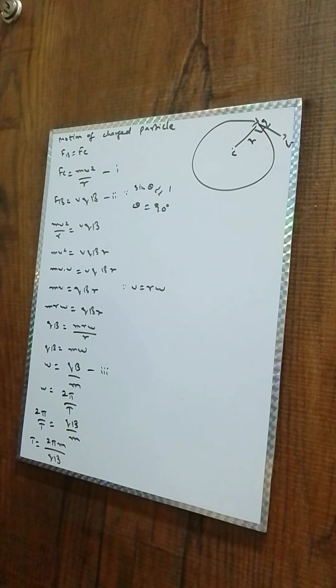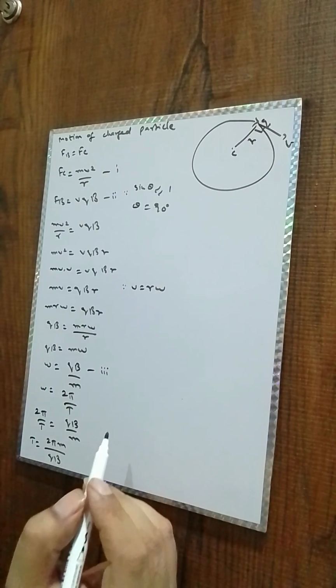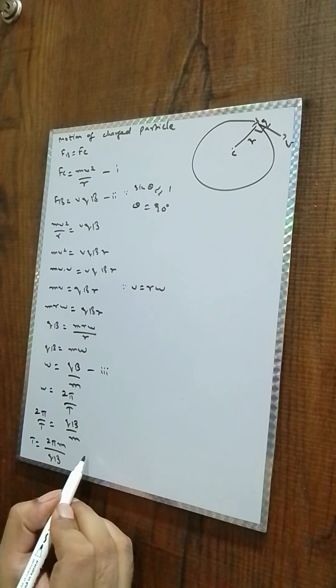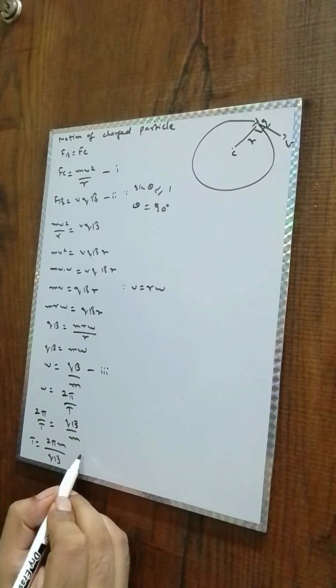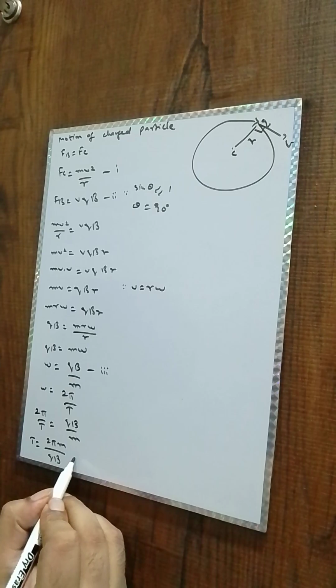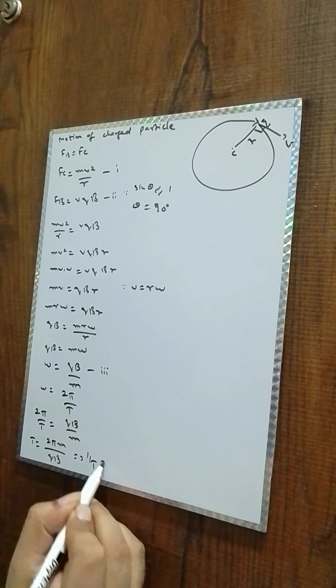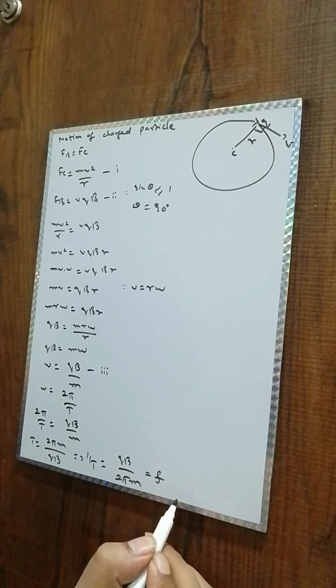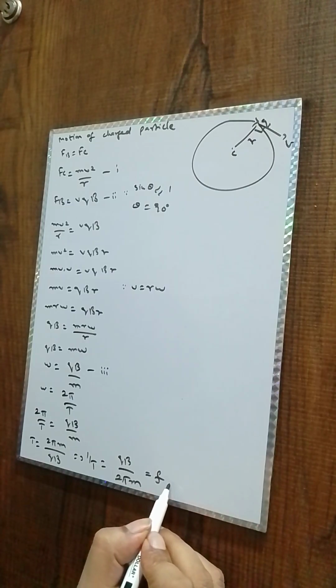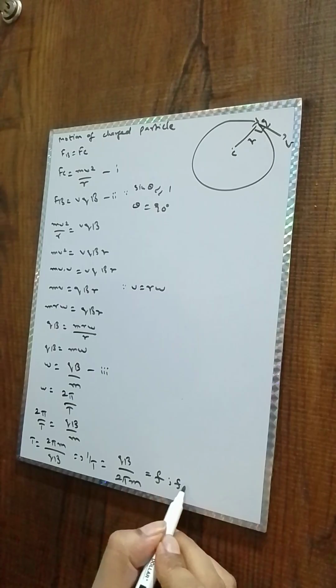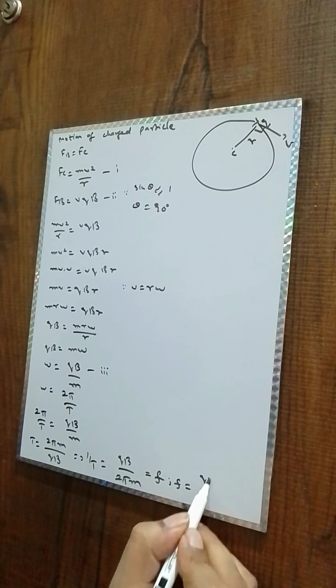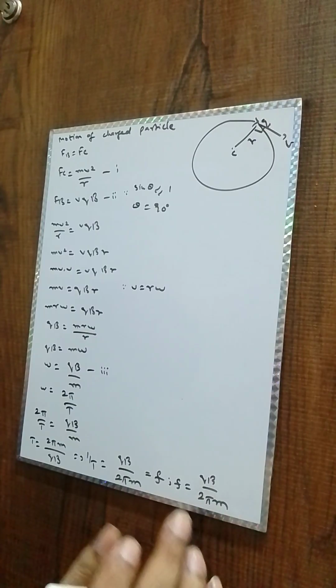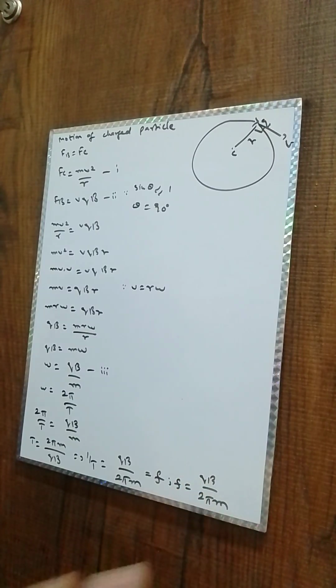Very simply, this would be T, and for f, this implies that 1 by T is equal to qB by 2 pi m, and this would be equal to f. So f is equal to qB by 2 pi m: charge, magnetic field, 2 pi, mass. Pi is 3.142 within the equation.